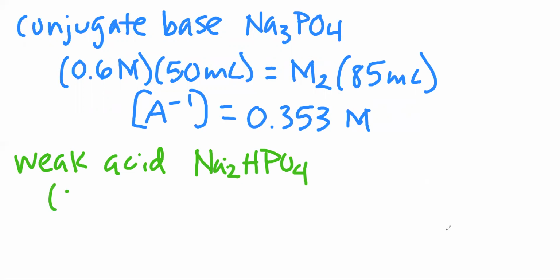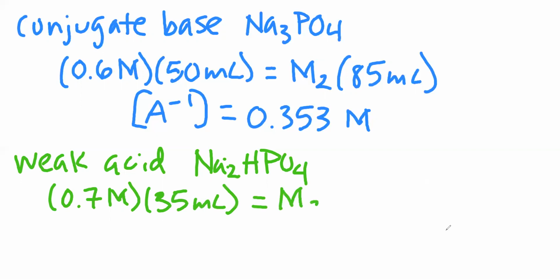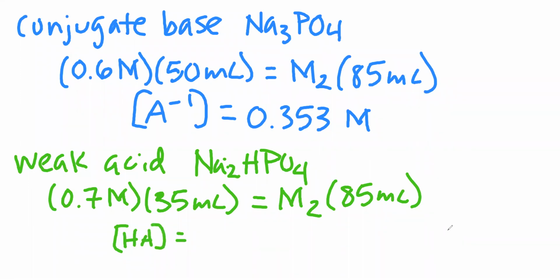For that one, its concentration was 0.7 molar, and we had 35 milliliters of it. We find its new molarity. And again, we need that total volume when we combine the two things, 85 milliliters. So our HA concentration is 0.288.